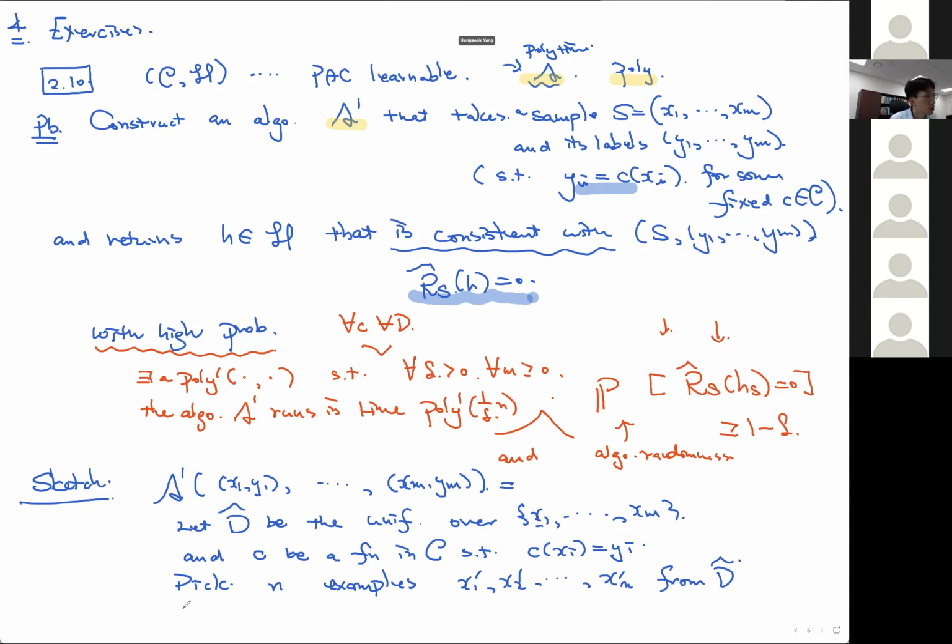Then let y1 prime to yn prime be their labels, which we can also obtain because we are given the label for every xi.